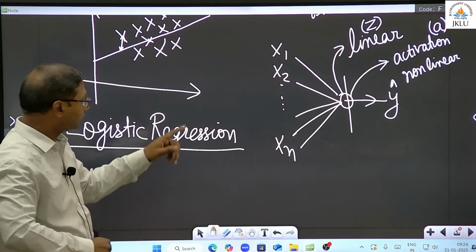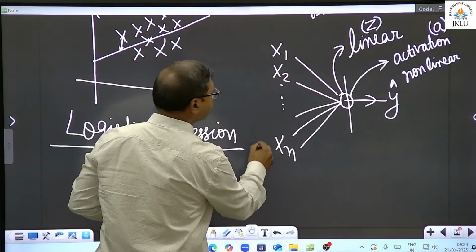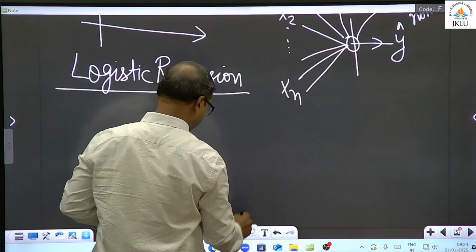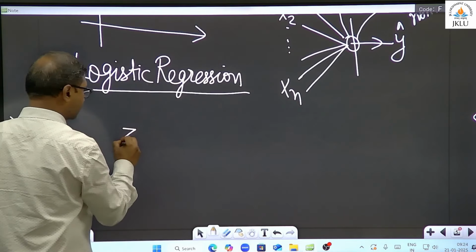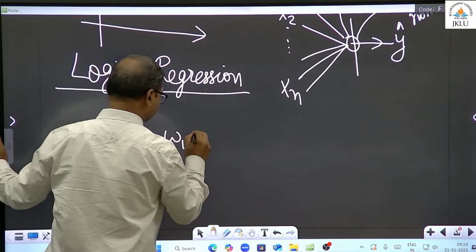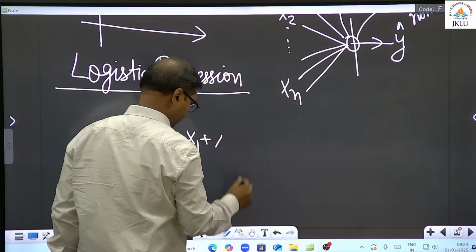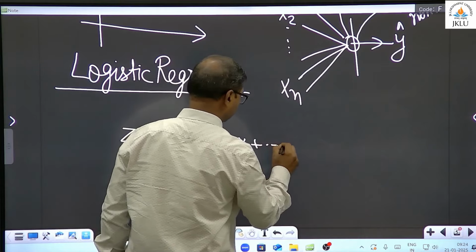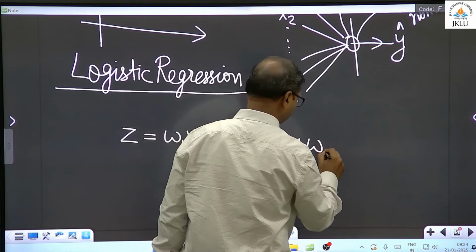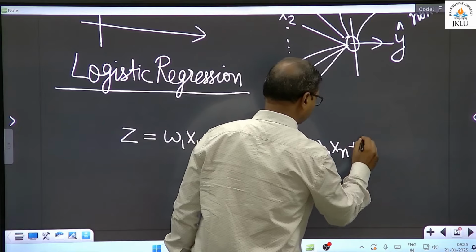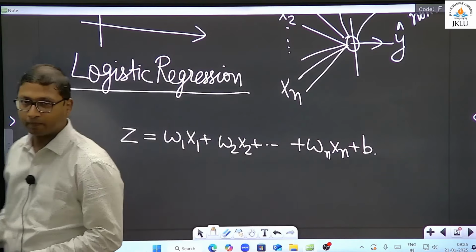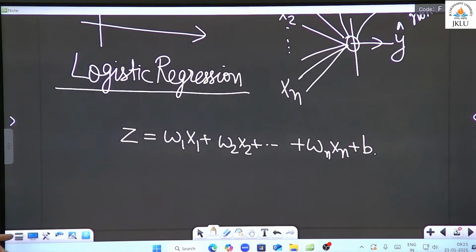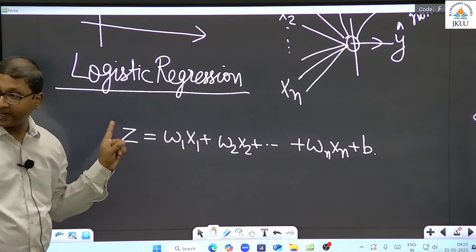So what happens in case of logistic regression? I have Z equal to, this is my linear part.